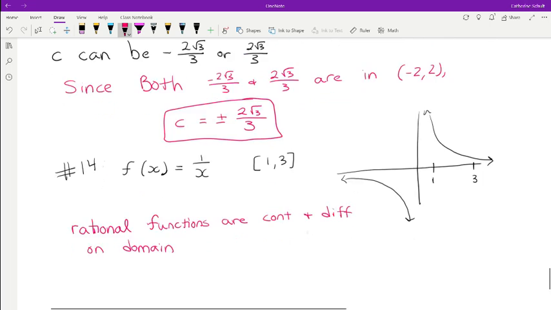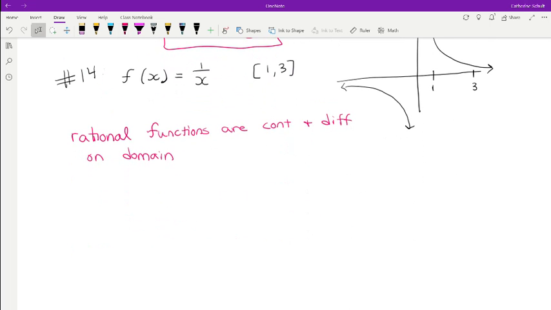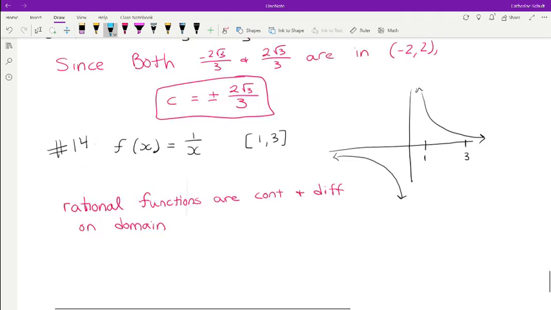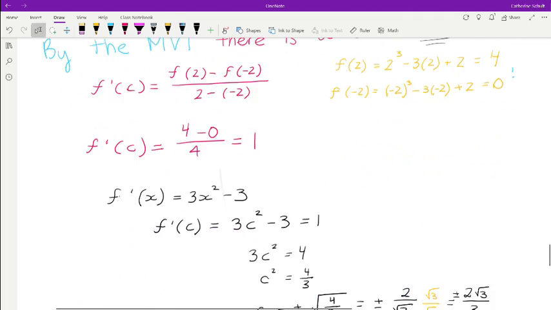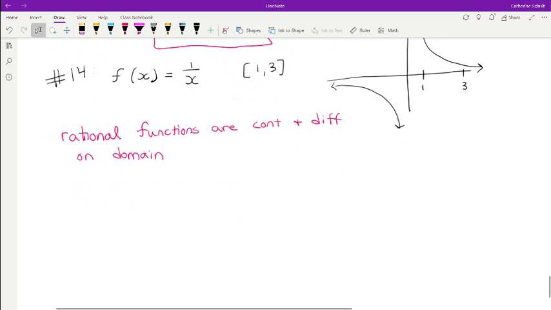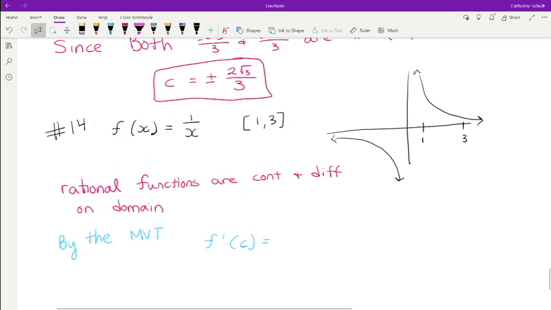That's that first part. So now it's time to find all C that satisfy the mean value theorem. Again, by the mean value theorem, f prime of C is going to be equal to the slope of the secant line.